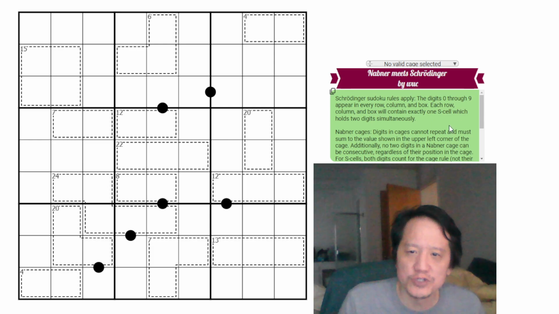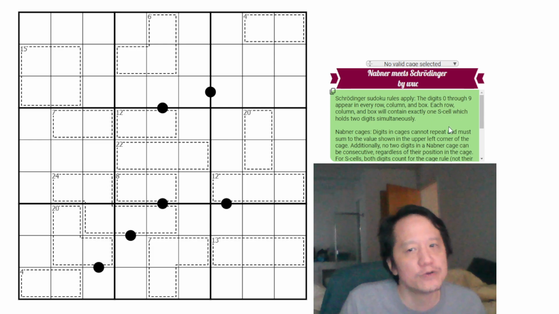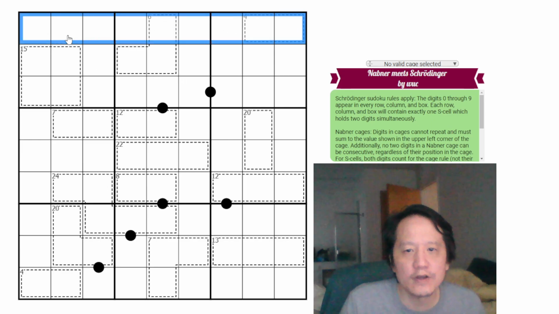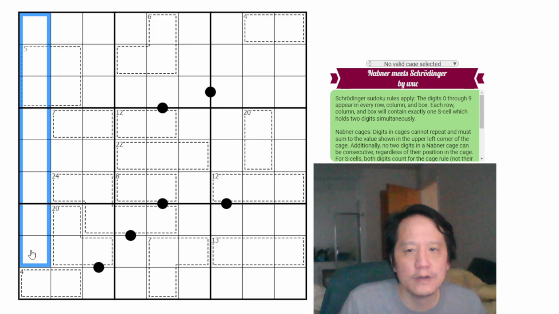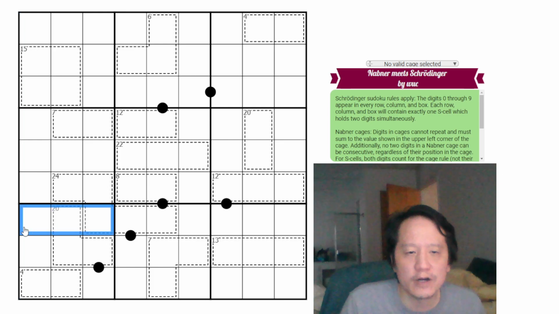Schrödinger Sudoku rules apply. The digits 0 through 9 appear in every row, every column, and 3x3 box.